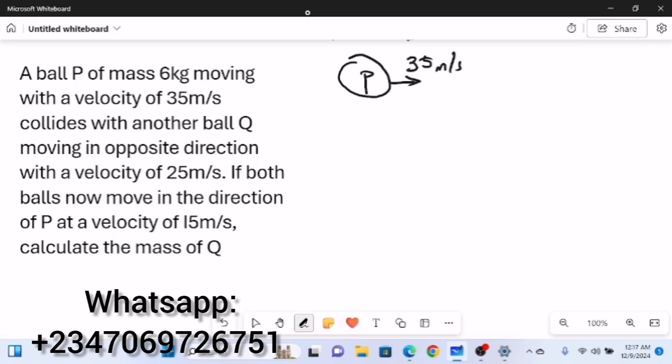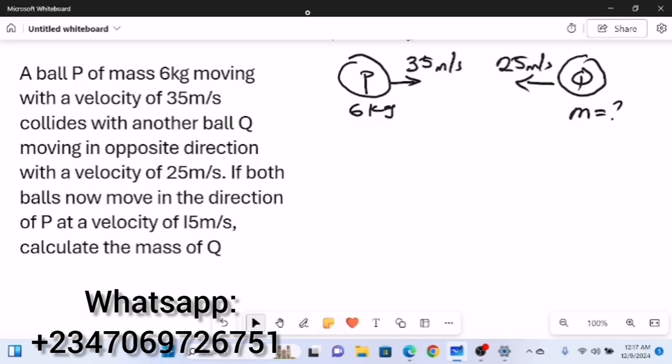We have another ball Q moving in the opposite direction, and it has a speed of 25 meters per second, but the mass of Q was not specified. So we'll keep that as M.